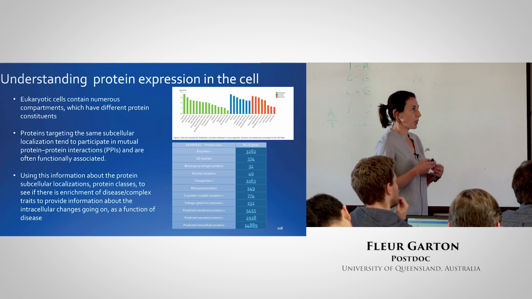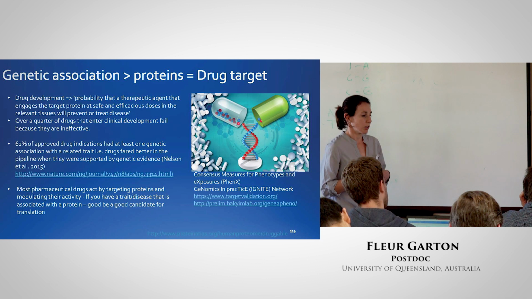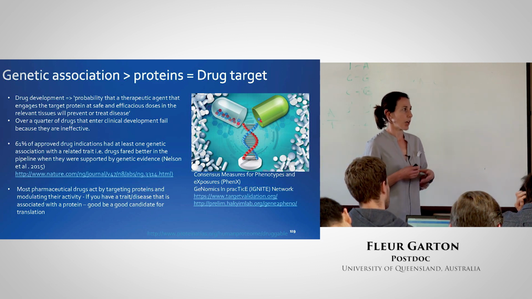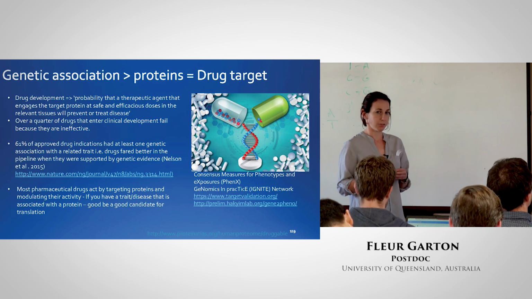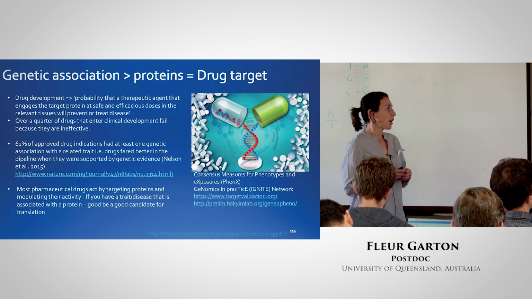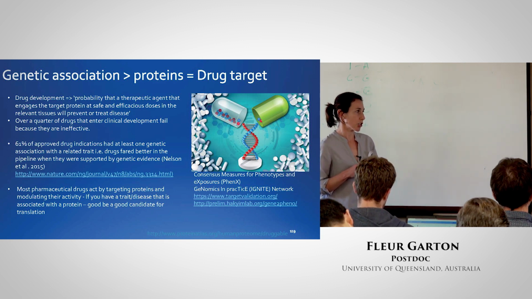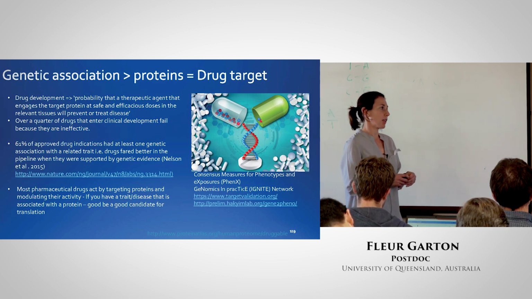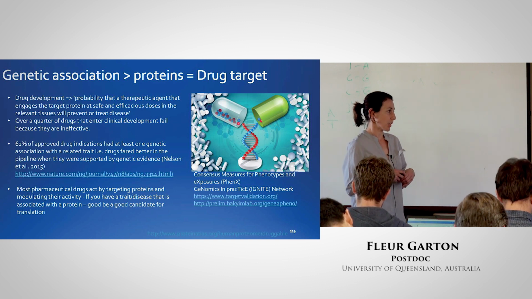When you're thinking about protein expression, it's good to recall that eukaryotic cells contain numerous compartments, each of which has different protein constituents, and proteins targeting the same subcellular localization tend to participate in mutual protein-protein interactions and are often functionally associated.